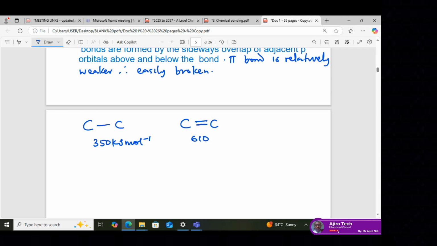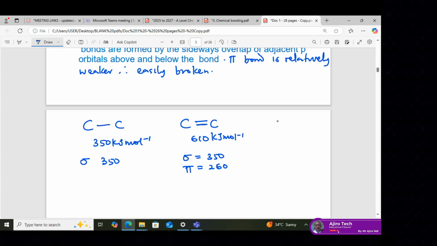The sigma bond here is 350, and the pi bond should be 260 to make it 610. Sigma is 350, it doesn't change. If sigma is 350 and the total is 610, that means pi is weaker, 260. And the more pi bonds you have, the weaker they become.